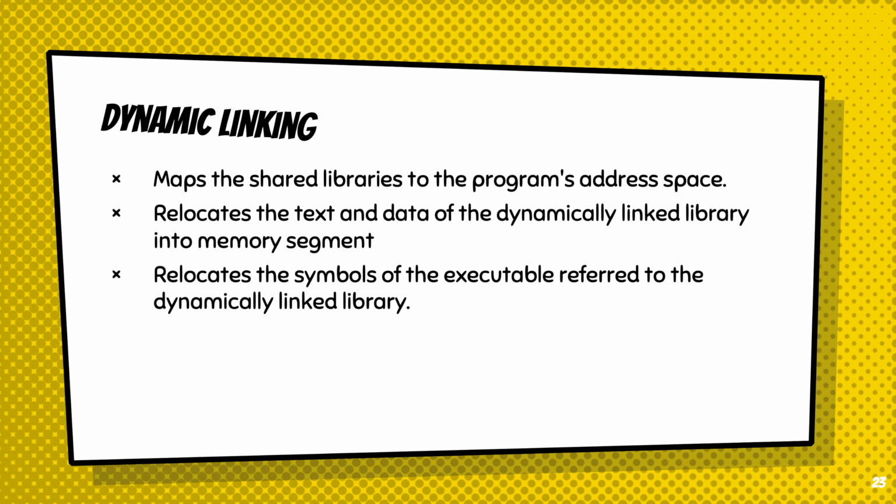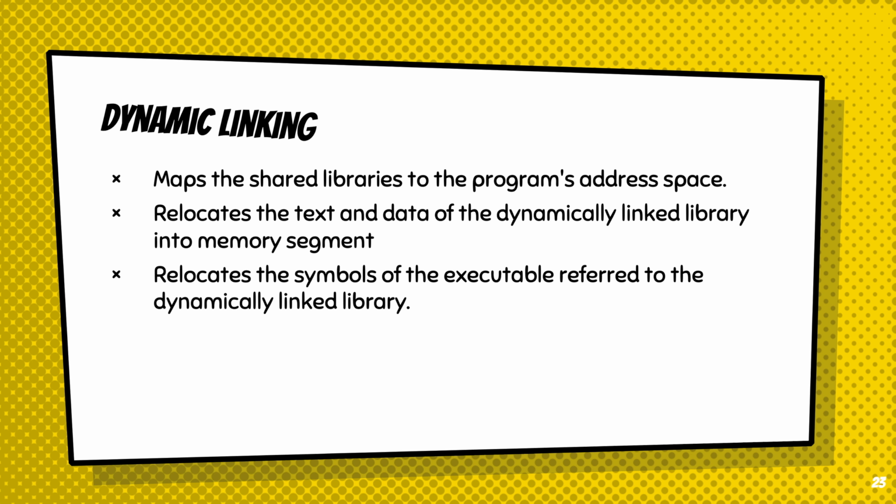And the dynamic linker will do the following. First, it will map the shared libraries to the program's address space. Shared libraries, such as libc and libpng, are libraries that are pre-compiled and commonly used by different programs.